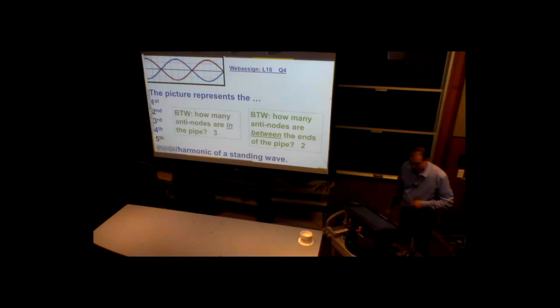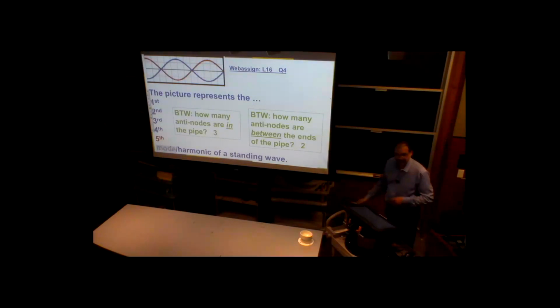The smallest meaningful part of a wave is 1/4 of a wavelength, and it's always the distance from a node to an antinode. So node, antinode, node, antinode, node, antinode: 1, 2, 3, 4, 5. Fifth.